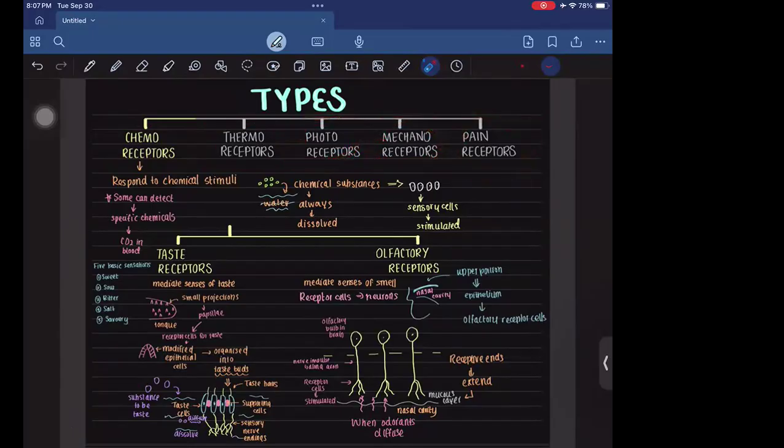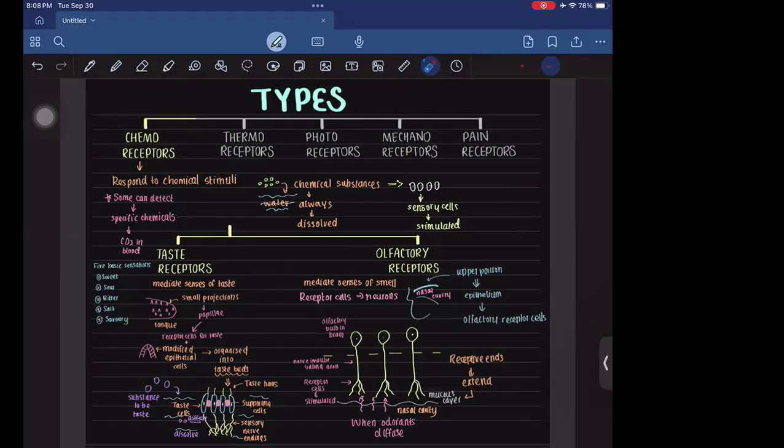Each one of them, one by one, we have to learn. You have to know what the stimulus is in each one of them. So what will they be responding to? Chemoreceptors, what are they going to respond to? Thermoreceptors, what will they be responding to? Each one of them, you have to know what the stimulus is and what specific receptors they have to respond to the particular stimulus.